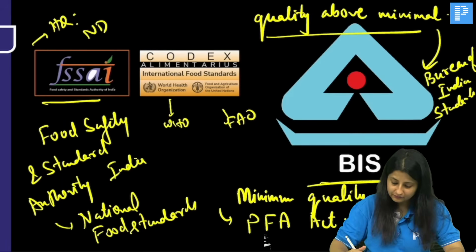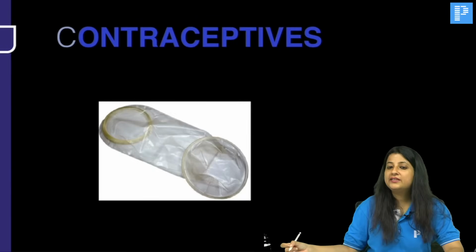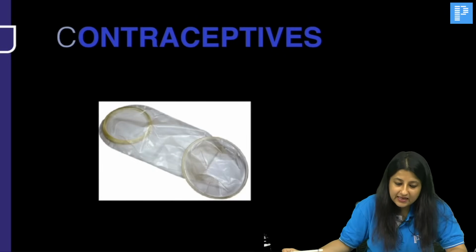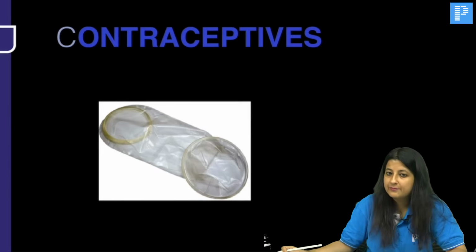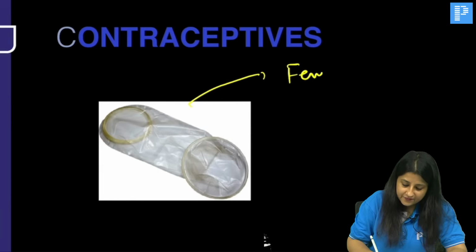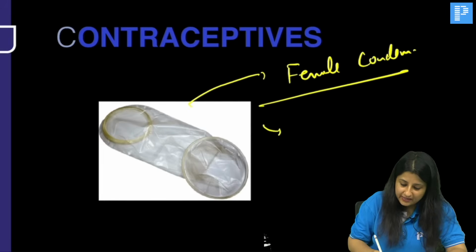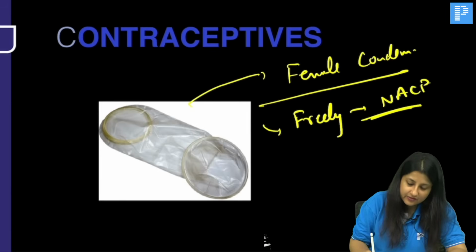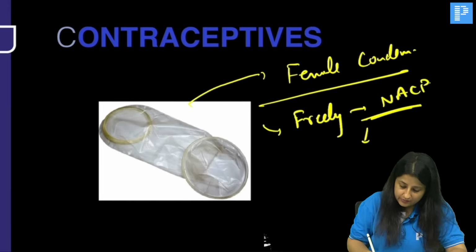Okay, let's go, last couple of things. Two rings. What is this? Just the names, everybody. Last couple of things in contraceptives, you have two rings. This one is a female condom. It is being provided freely by the National AIDS Control Program, to commercial sex workers.